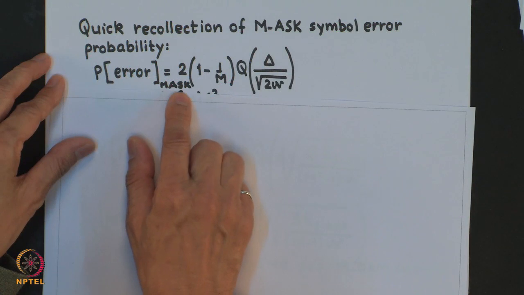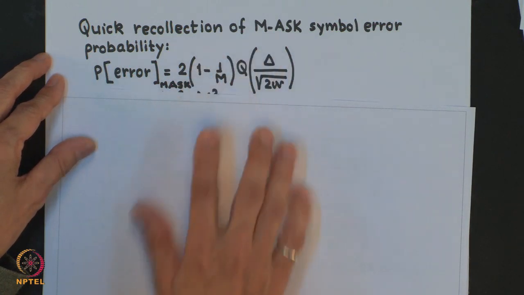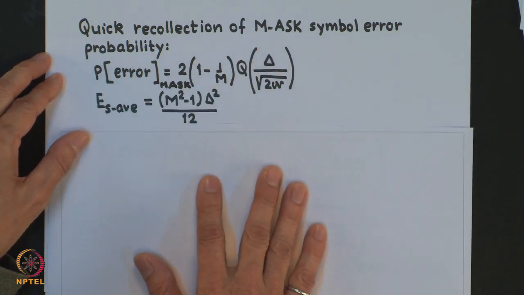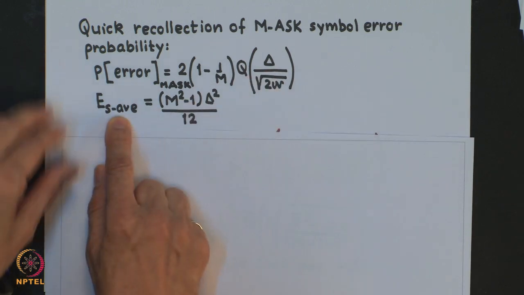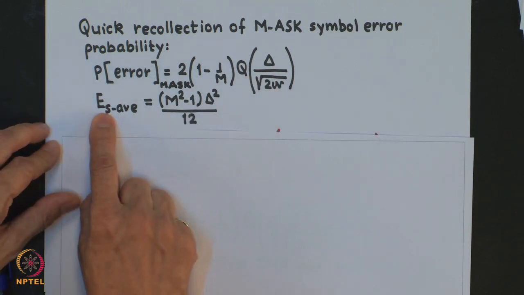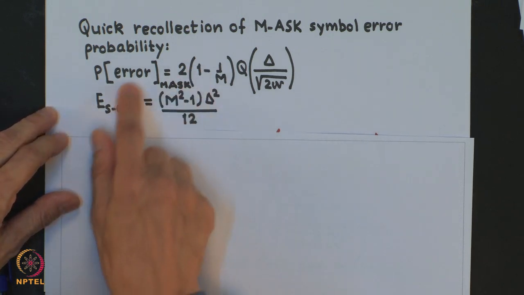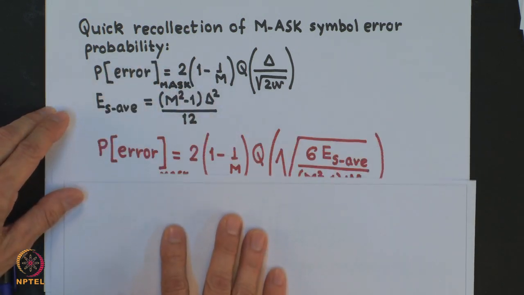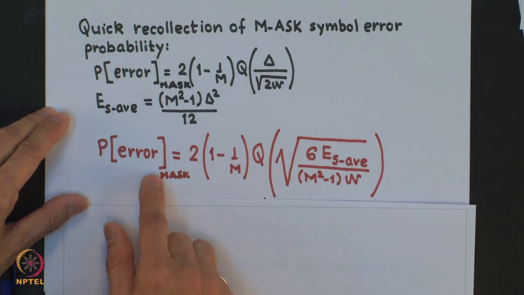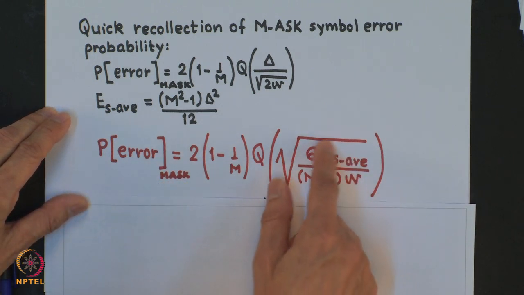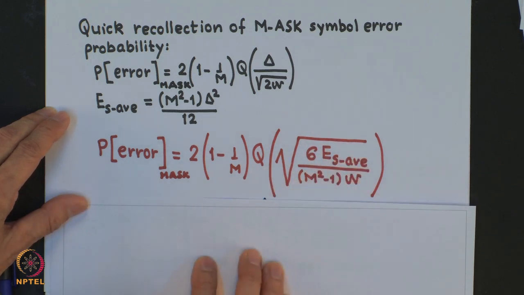We know that probability of error for the MSK case is given by this expression. We also know that the delta is related to the average signal energy by this expression. So, from these two expressions we can get the probability of symbol error for MSK in terms of the average signal energy.